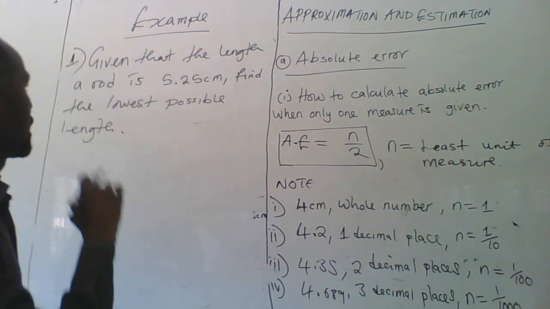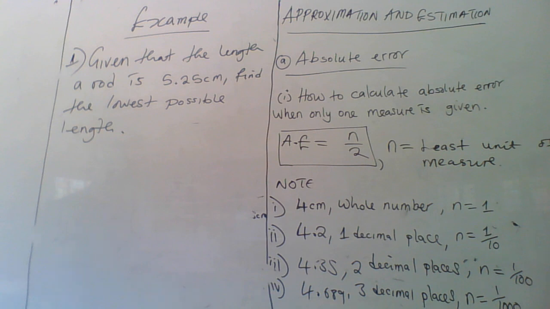I'll read through. Given that the length of a rod is 5.25 centimeters, find the lowest possible length.